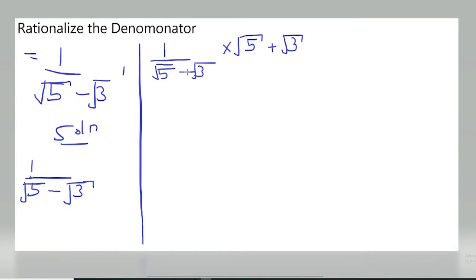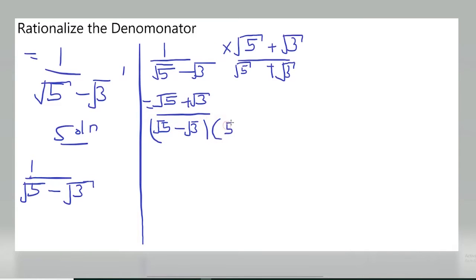Here the operation is negative, therefore by changing it you write plus, then repeat the same numbers: the square root of 5 plus the square root of 3. So this equals 1 times the square root of 5 plus the square root of 3, over the square root of 5 minus the square root of 3, times the square root of 5 plus the square root of 3.